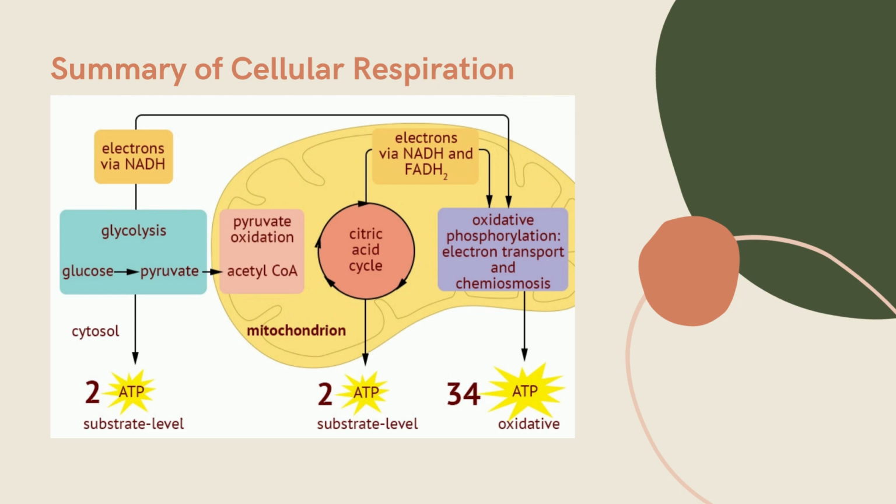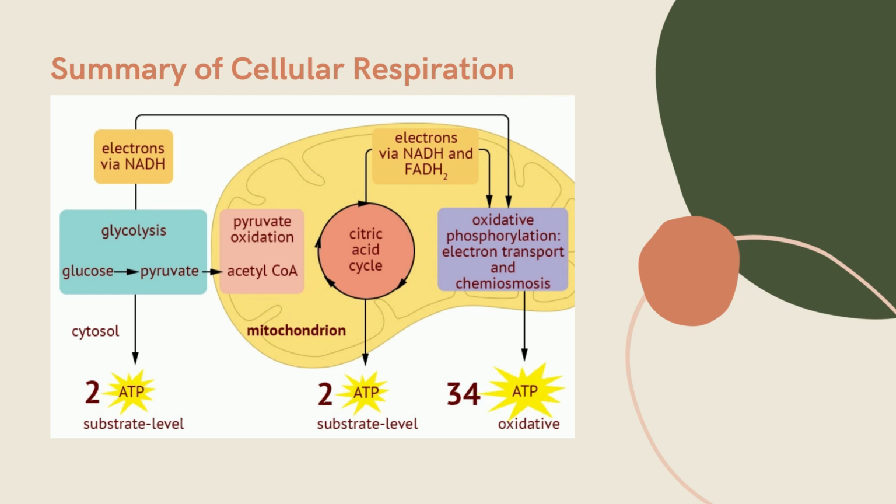So acetyl CoA will be combined with a four carbon compound, which will then produce citric acid. So citric acid will go on to the citric acid cycle.